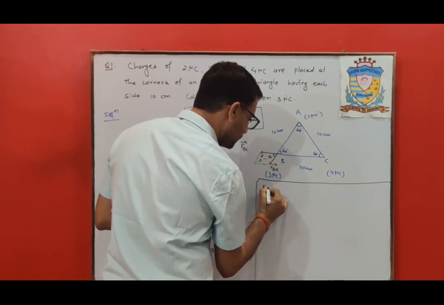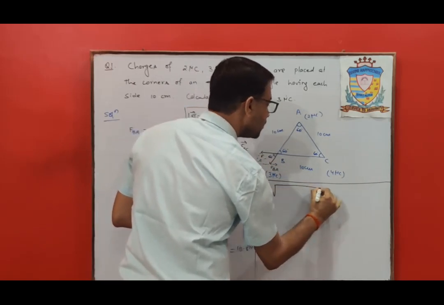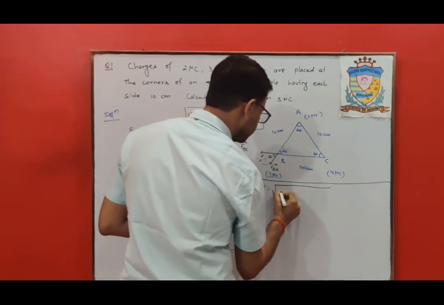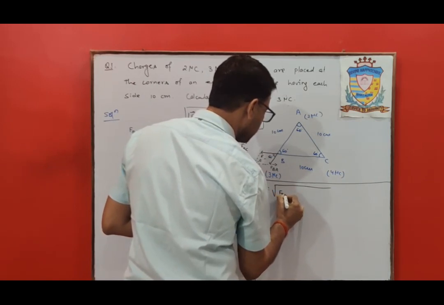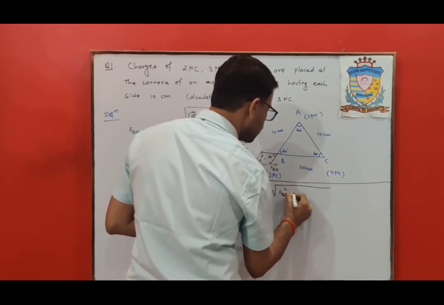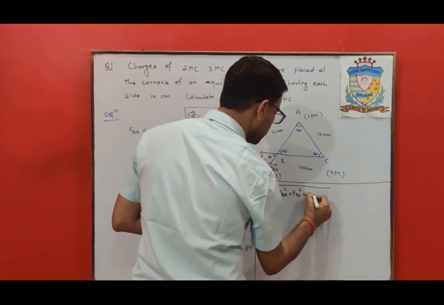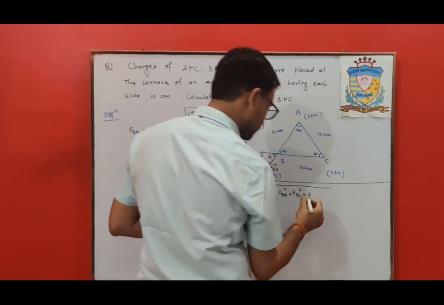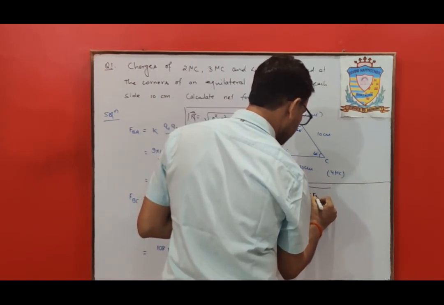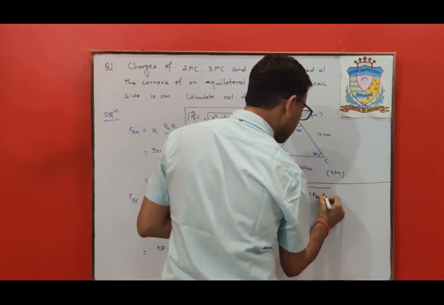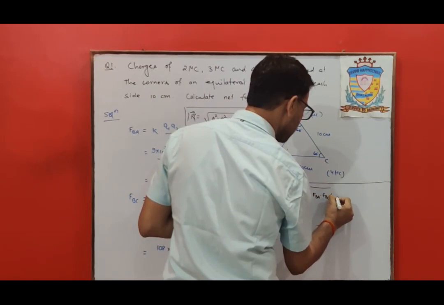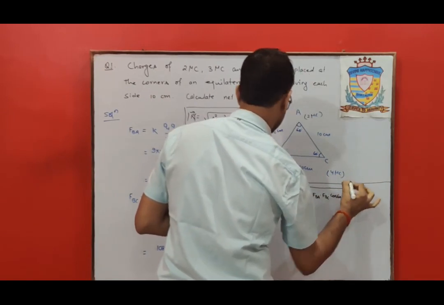So, F is equals to under root FBA square plus FBC square plus 2 FBA into FBC into cos 60 degree.